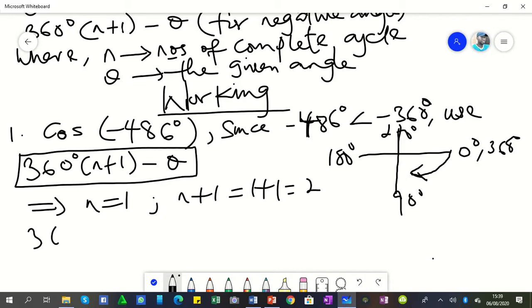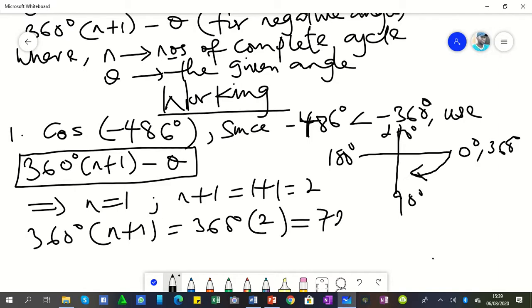And that makes 360 degrees times n plus 1 to be 360 degrees times 2, and that angle is now 720 degrees. This helps us to know the size of the angle that the given angle would be subtracted from.